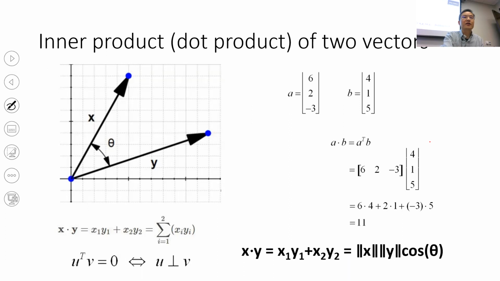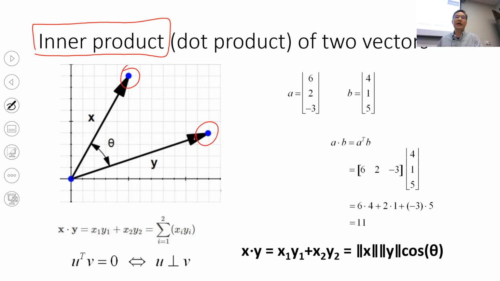It will be easier later once we work out the matrix multiplication, then you will know how to do this inner product of two vectors. But for now, we just quickly lay out some facts. If you have a vector, this one multiplied by that one, there are two different ways to do this multiplication.